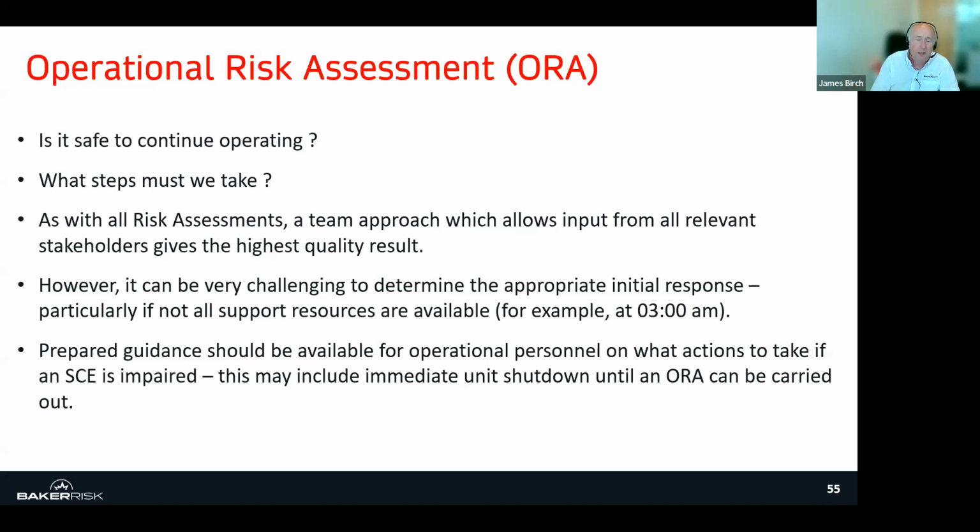That might be at 3 o'clock in the morning with limited resources. So it's important that as part of the SCE process, we provide some guidance as to what do we do if this fails? What steps can we take? Do we immediately shut down? Do we have a prepared plan of what we're going to do? A lot of decisions might have to be made.